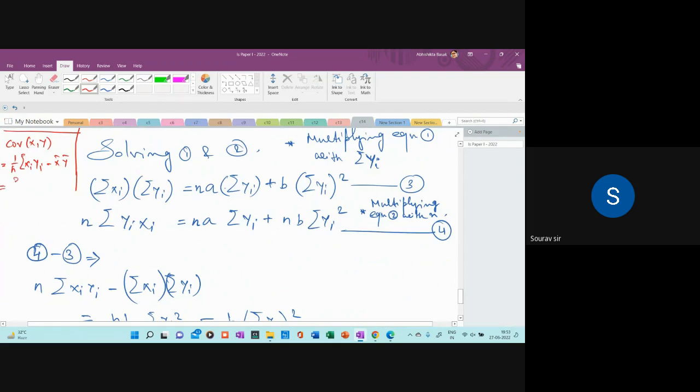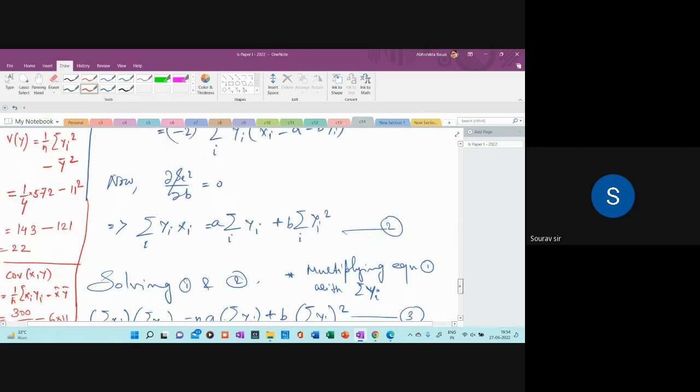So it's basically 300 by 4 minus y bar, which is 11, and x bar was 6. So 300 by 4 is going to give me 75 minus 66, and that is going to give me 9.